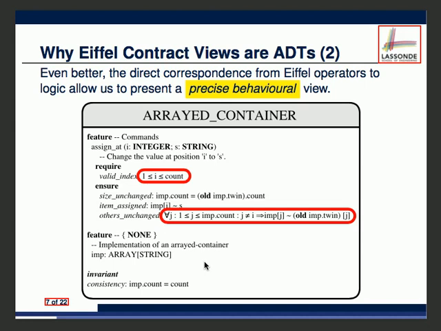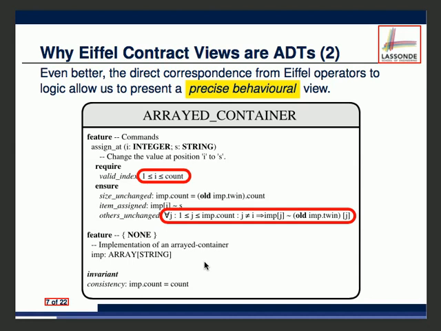The supplier is guaranteeing that not only will just the spot be changed, but everything else will be unchanged. So that's why imp will also occur in the ensure. As long as the require clause does not contain any private feature, that'll be okay. Okay, any questions? Are we okay? Good. All right, let's continue.